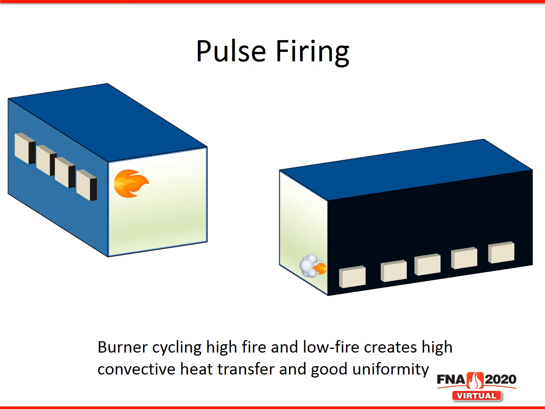Imagine inside the furnace where at different times the burners are going to high fire. This offset in cycle time is a great way to generate convective heat transfer inside the furnace and get good temperature uniformity. Pulse firing can have trouble with tight temperature uniformity at low firing rates.